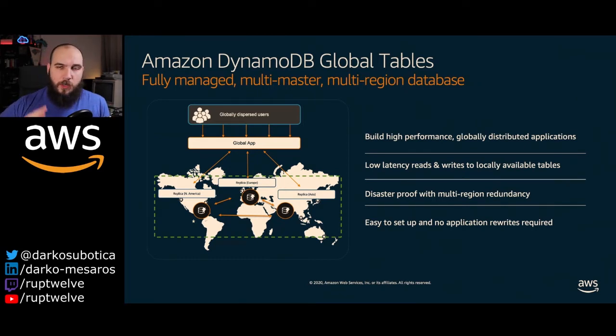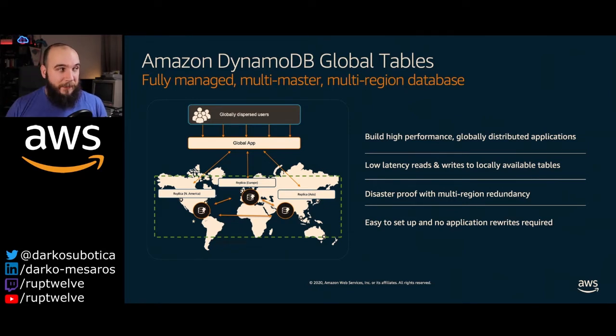So you don't have to worry about hosting anything or running clusters. You create a table in one region and let it deploy itself to other regions, and you're done. Your application just keeps on writing to its local version of that database, increasing throughput and reducing latency for your application.